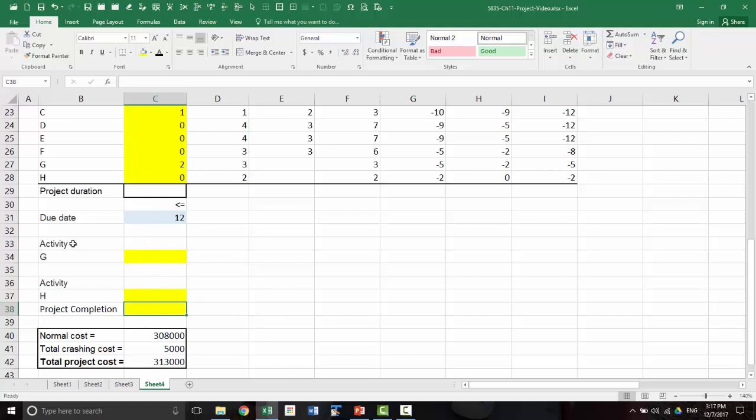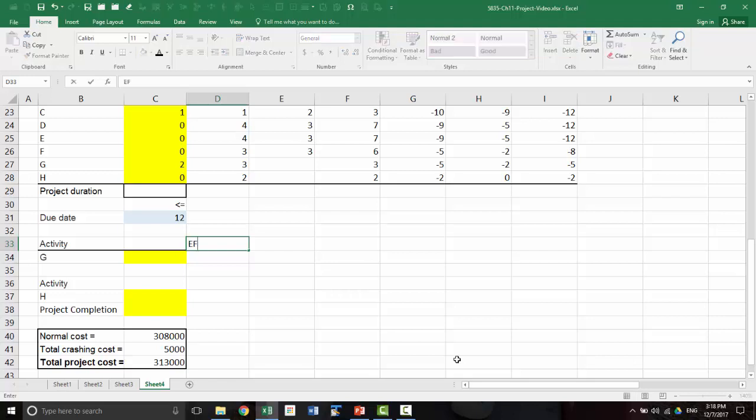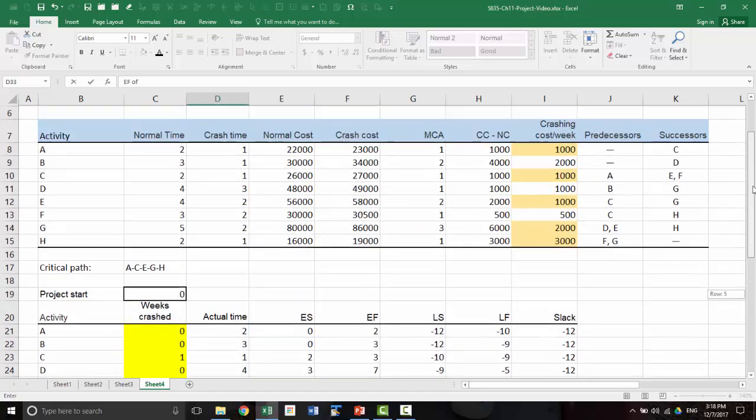Okay. Now activity G has two. The reason why we are using max is because it has two predecessors, right? So we have to look at EF, or the early finish time of the first predecessor.